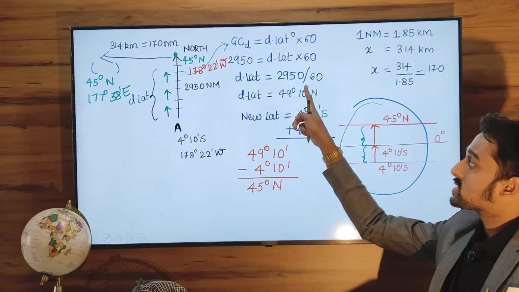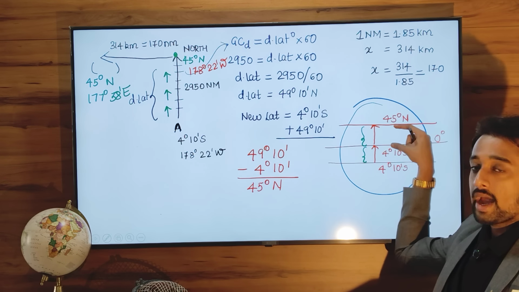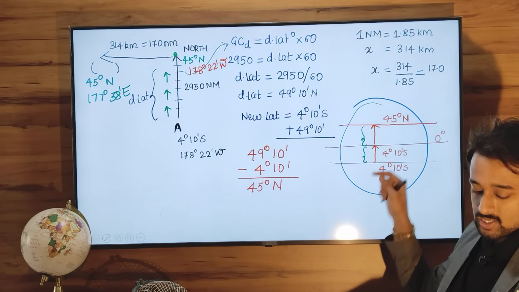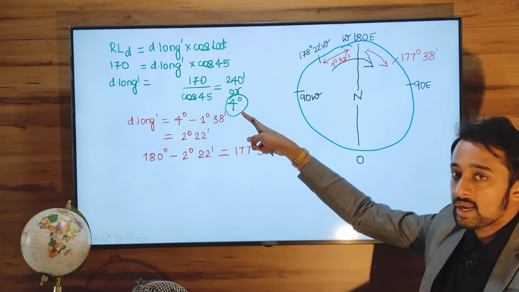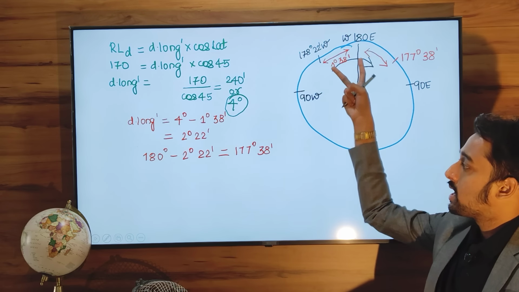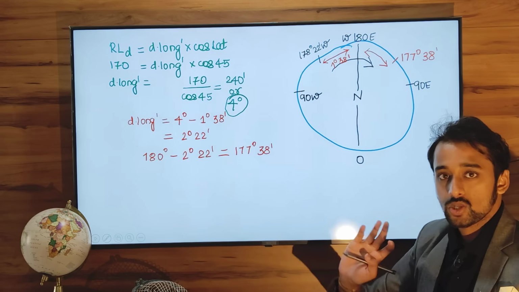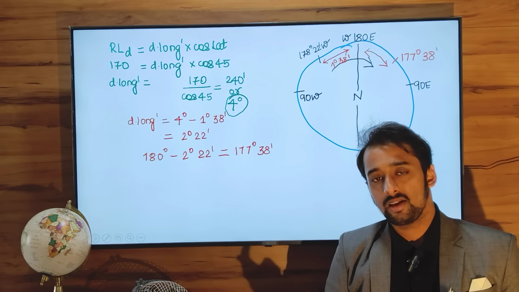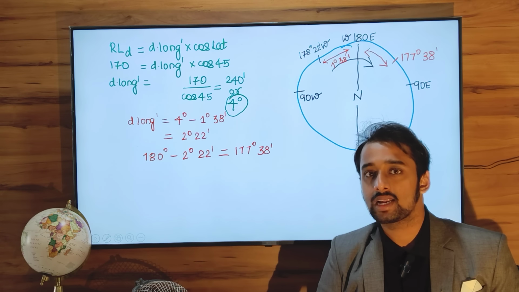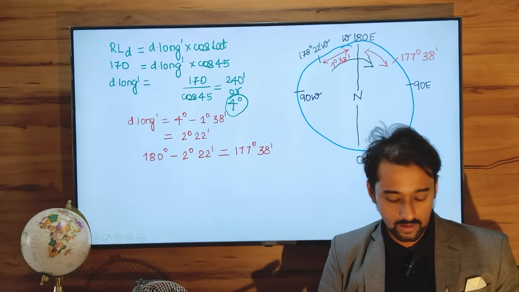So we had to divide this 49 degree 10 minutes into 45 degree and the remaining 4 degree 10 minutes. Same thing here, for longitude, total 4 degree were divided into 1 degree 38 minutes and another 2 degree 22 minutes. So this is how division happens if both locations are in different hemispheres. If they are in the same hemisphere, you will have to directly subtract that difference from the initial latitude or longitude.